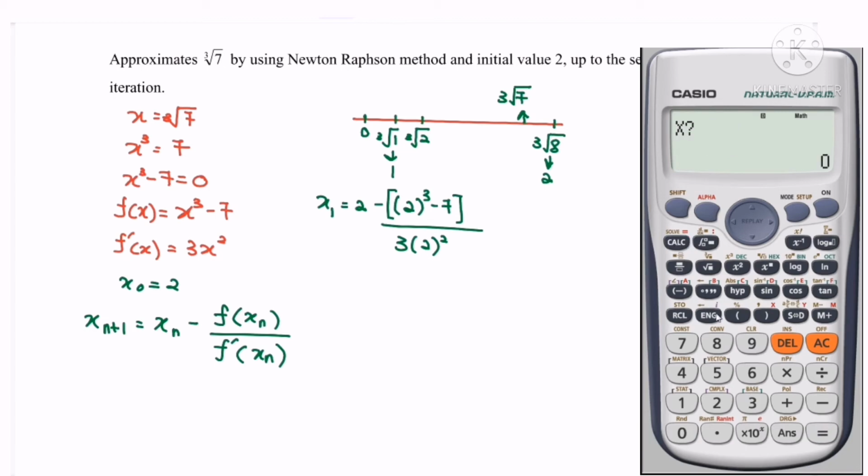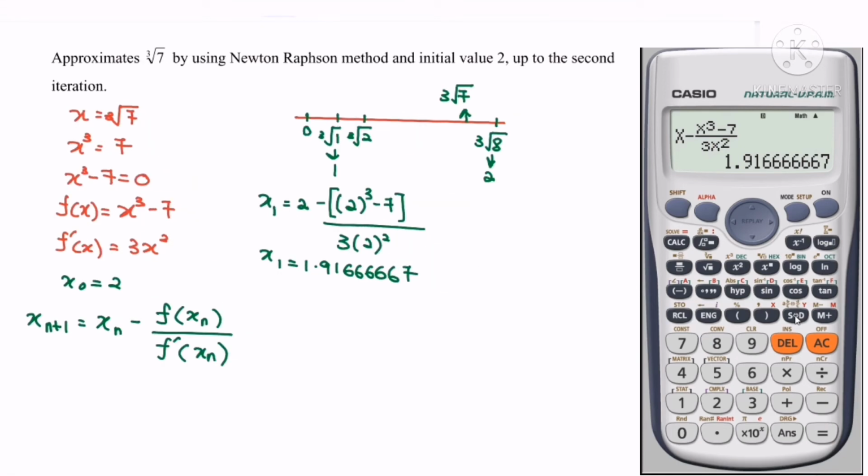Press the button calculate and then substitute the value 2, and we will have x1 equals 1.9167.